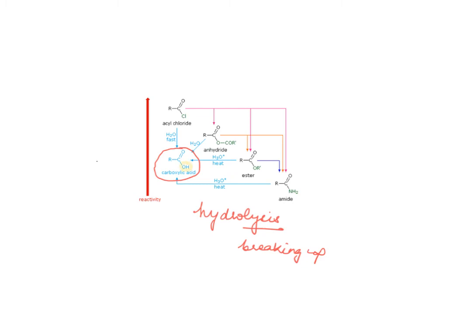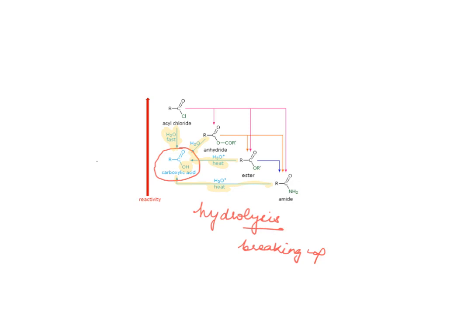You can do that from either the amide, the ester, the anhydride, or the acid chloride. It's fastest with the acid chloride, not so much in case of the anhydride. That's a room temperature reaction, but both your reaction with the ester as well as the amide requires heat, or it may be a slow prolonged reaction that will require some time. Or it might have to be acid or base mediated.